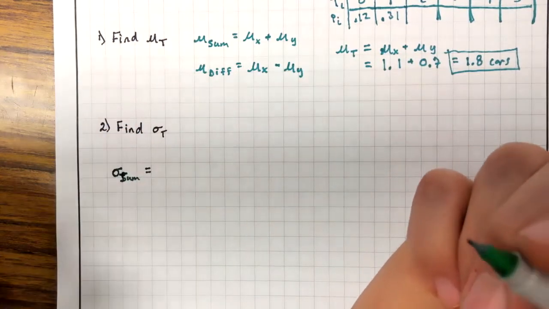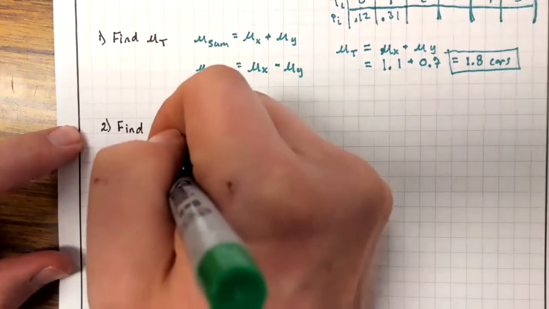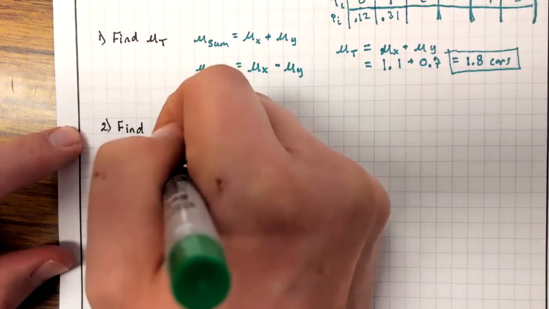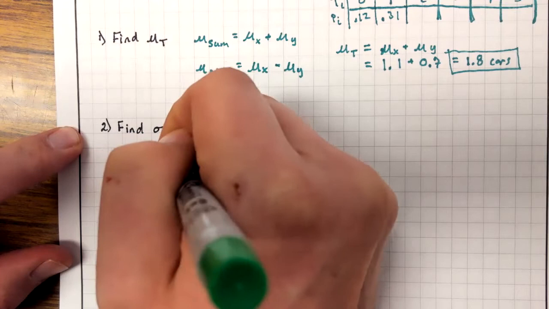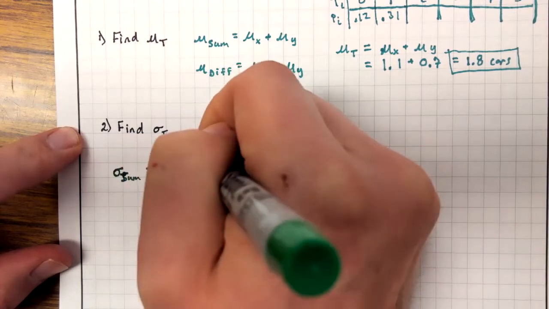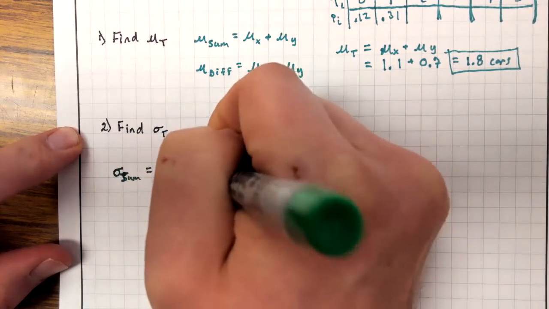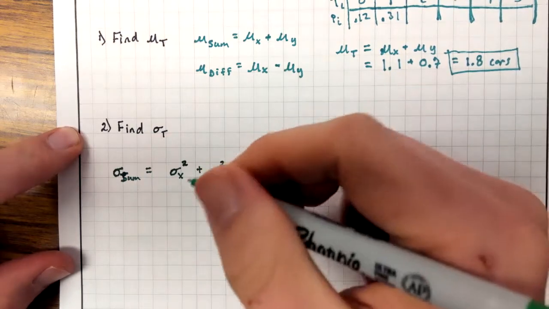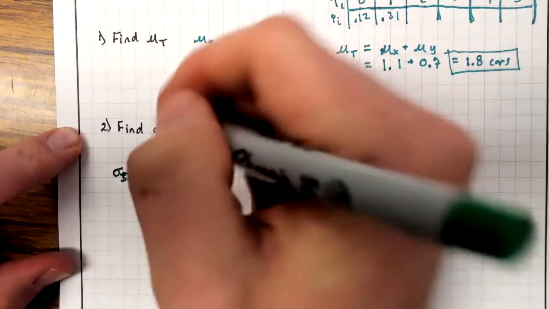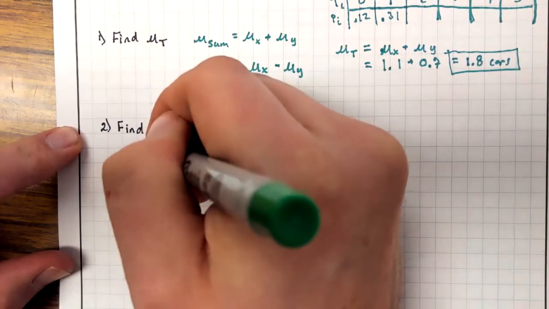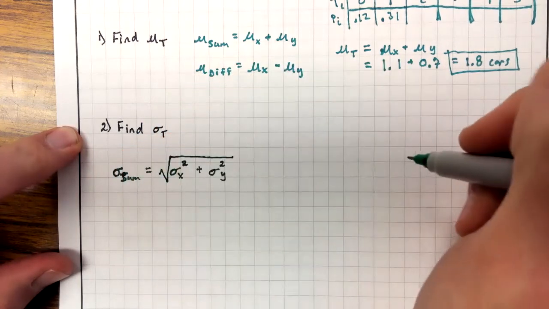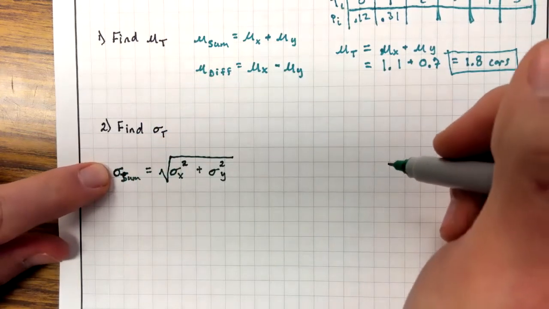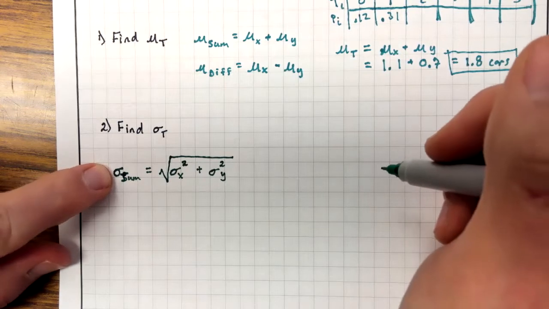What I can add is their variances. I can add the variance of my first variable to the variance of my second variable. Then, of course, to go from variances to actual standard deviations, I can take the square root. So there we go. That's what we'll have to do to find the standard deviation of combined random variables.